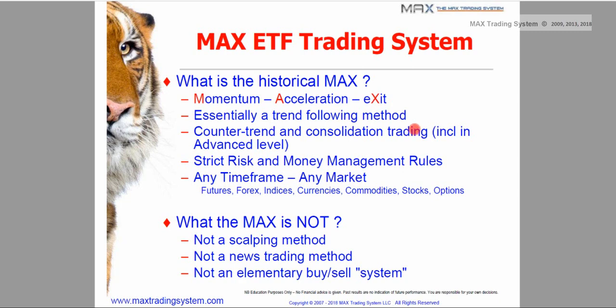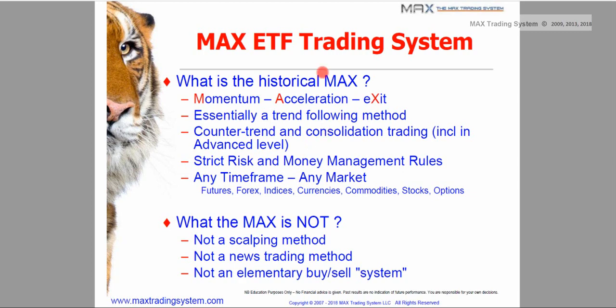And so basically, the MAX is a trend following method. In the classic MAX, we defined also what is a trend and what is a counter trend, and so we have several levels of the MAX. In fact, 5 levels, as I will show in a moment or later in my presentation. We have the MAX Primer, the MAX Light, the MAX Standard, the Advanced, and the Sum.